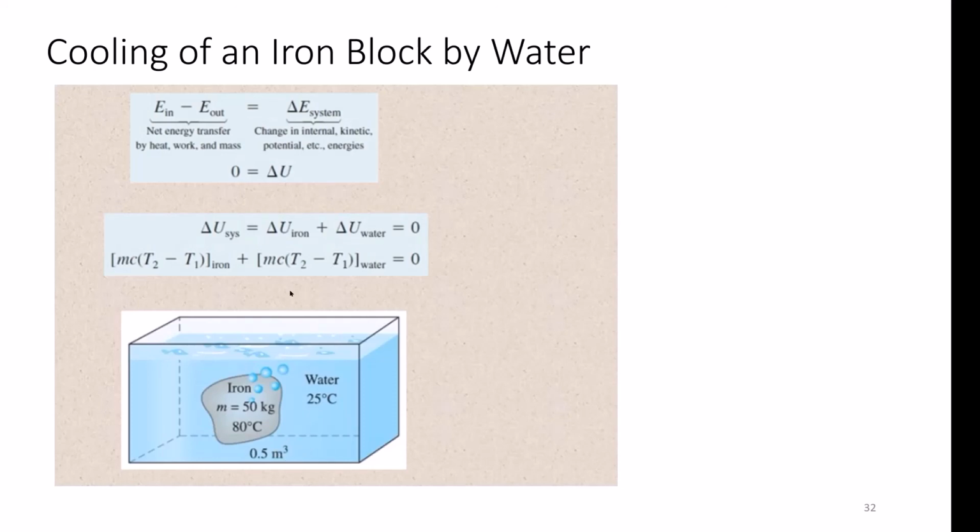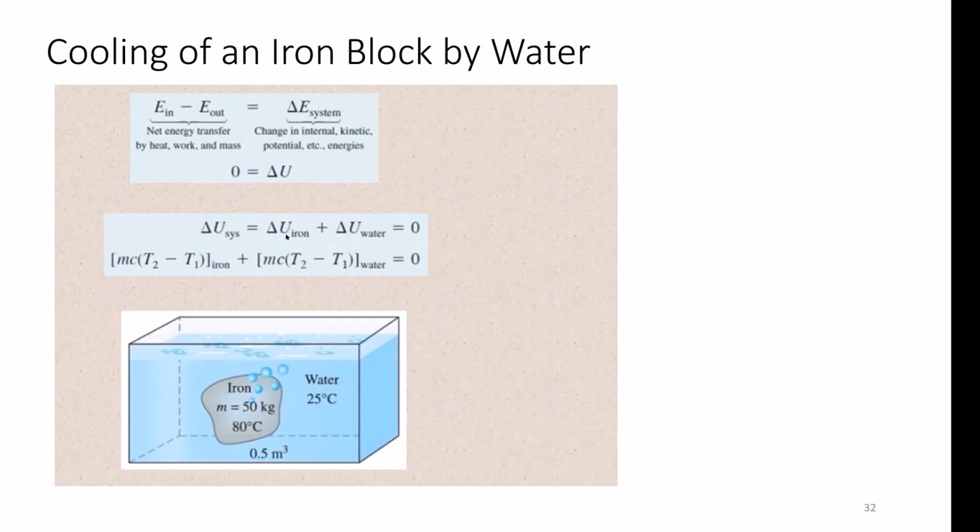So in this case, we have a certain temperature, T1, we have some mass, we have c, the specific heat of the iron, and over here we have the specific heat of the water. We're trying to figure out what the final temperature would be. So here's our equation, our change in energy of the system, which of course we know is going to be 0.